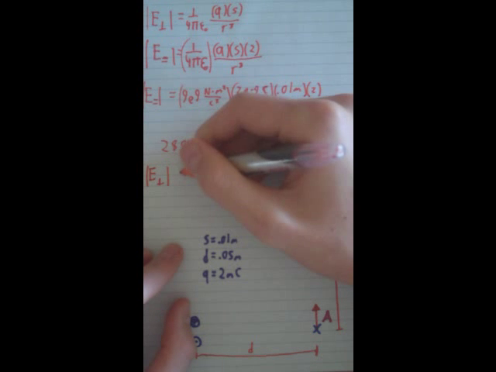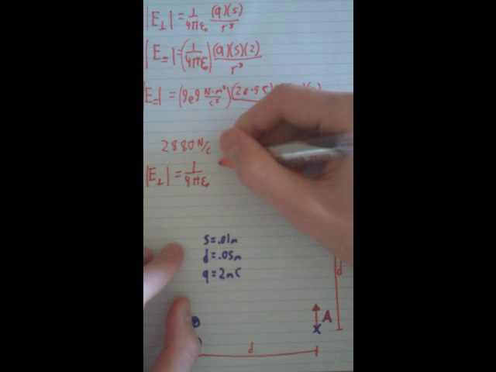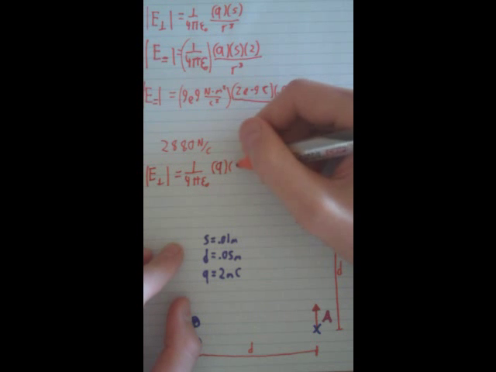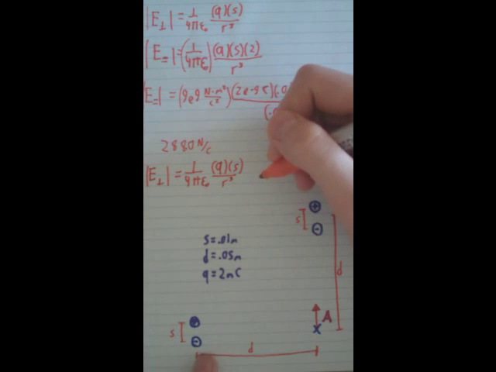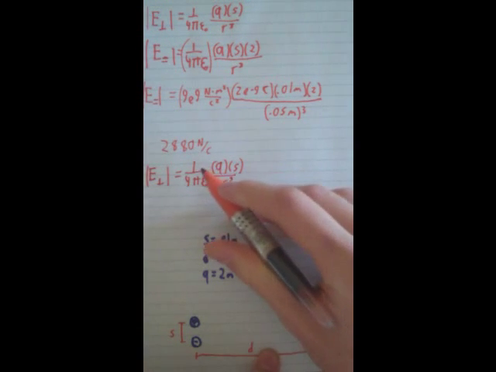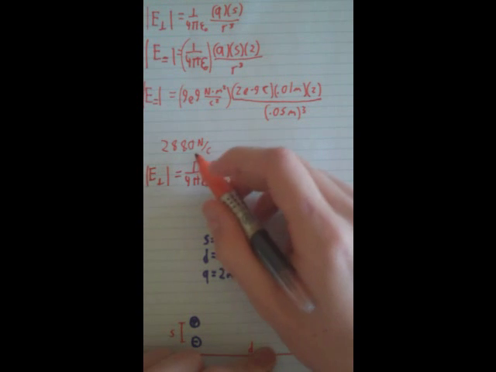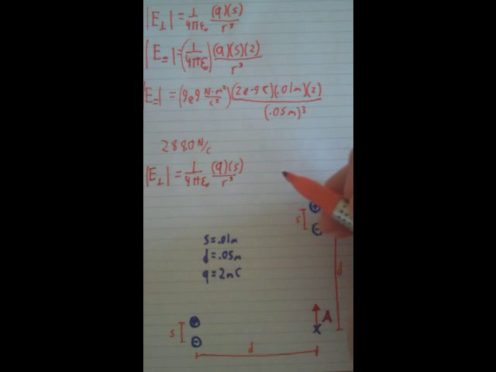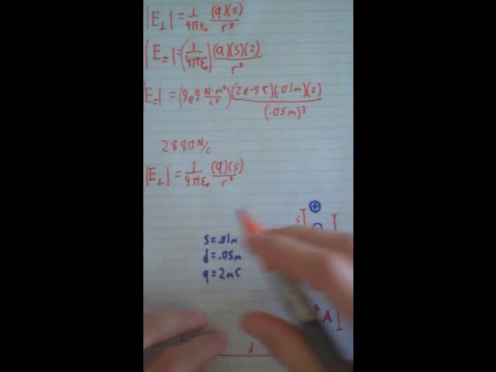Okay, so now let's do it for perpendicular. Equals 1 over 4 pi epsilon naught times q s over r cubed. And since these are the same distances away, you could just naturally see that the answer to this is going to be this divided by 2. But again, let's calculate it out.